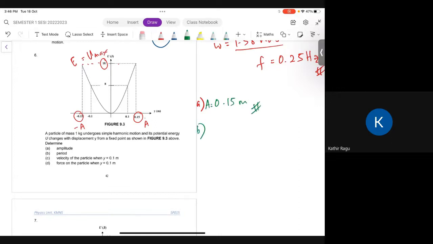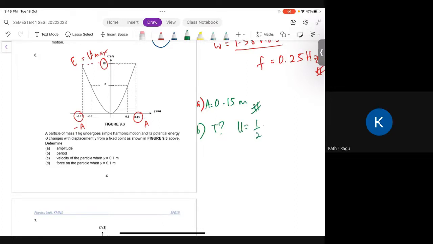Number B, they ask you to find period. Apa simbol period? Period, T. Macam mana nak dapat T ni? Apa yang you ada kat sini? U sama dengan apa?